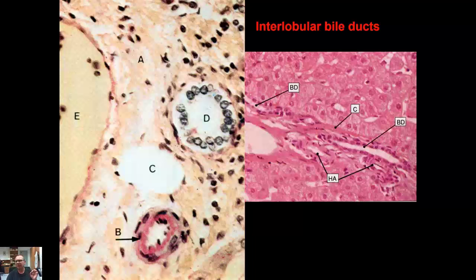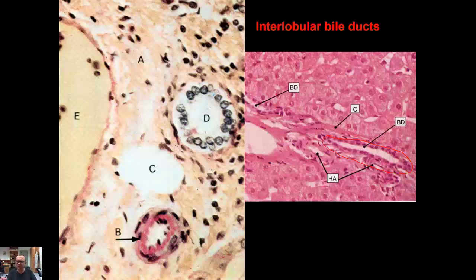They sometimes resemble a necklace composed of pearls. Of course, this is a cross section. Here is an oblique section of such a bile duct, but every time it has a simple cuboidal epithelium.